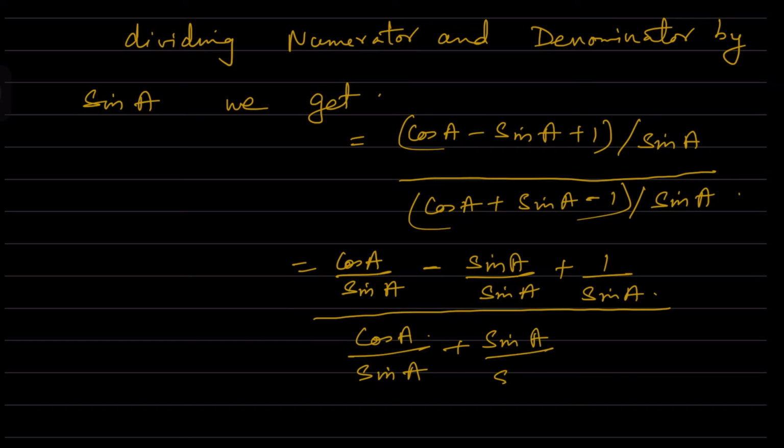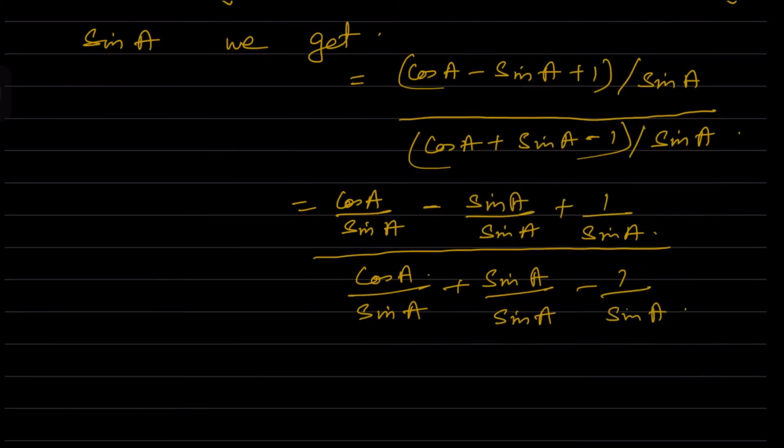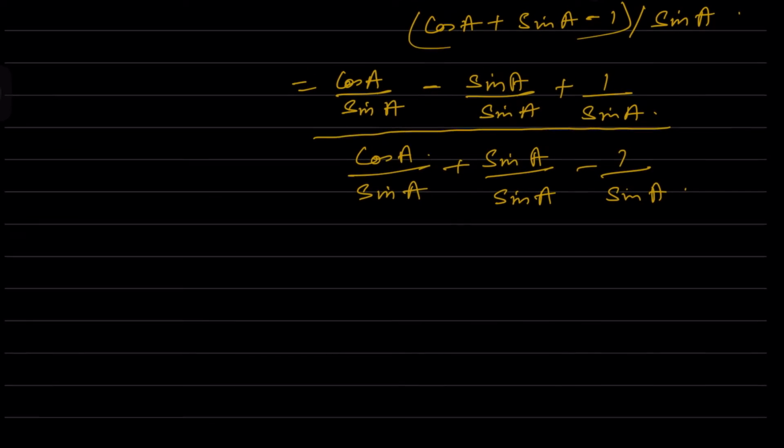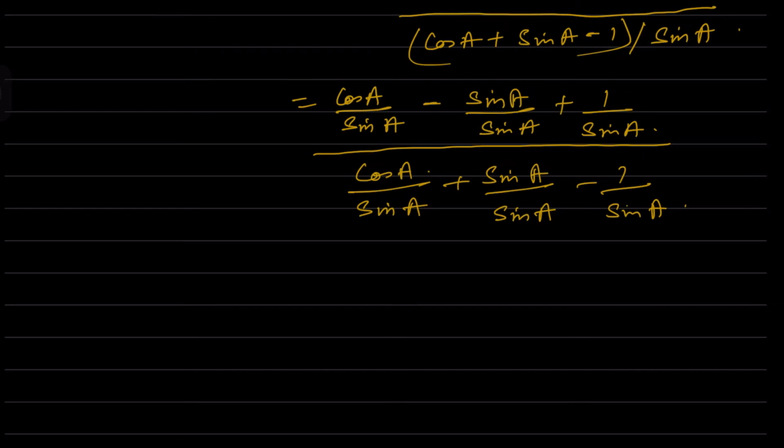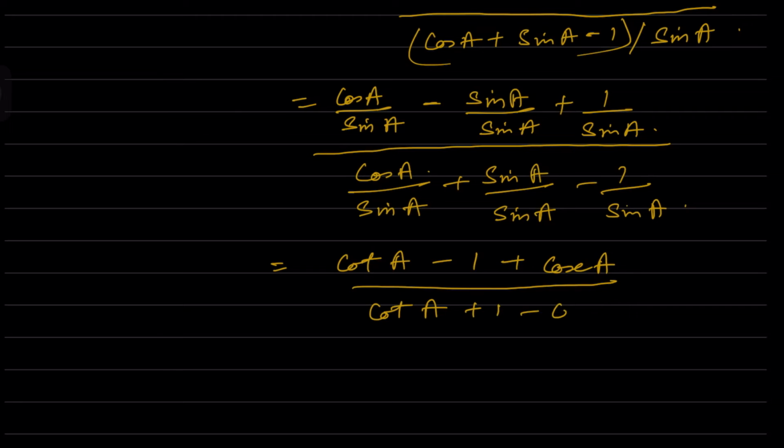You can try in different possible ways. You should always try to bring each and every term in terms of cos and sin, so it will become easy for you. Now we need the answer in cosecant and cot, so we are trying to bring it in terms of that. Now this will be equal to cot A minus 1 plus cosecant A divided by cot A plus 1 minus cosecant A.